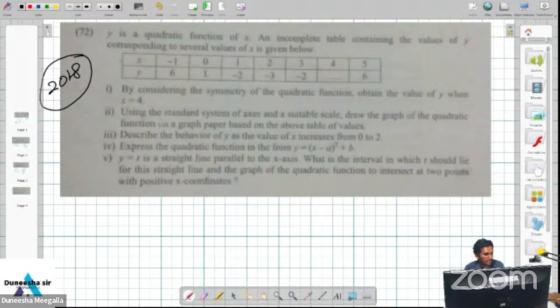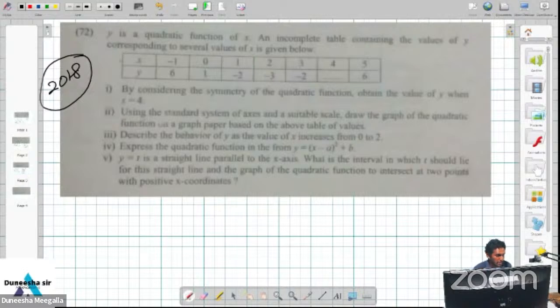Is a function given? No function is given. What is that? How do we get the value for the blank? First one asks: by considering the symmetry of the quadratic function, obtain the value of y when x equals 4.